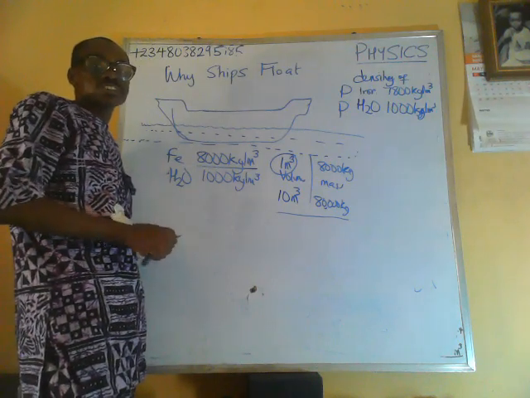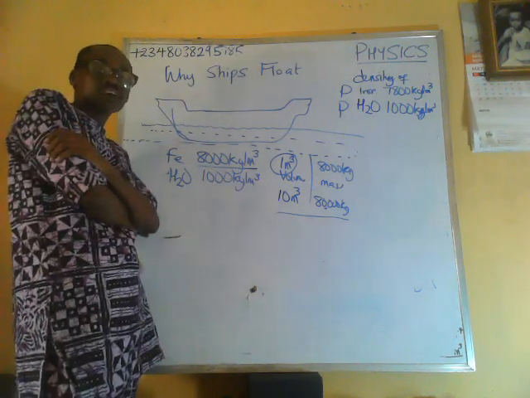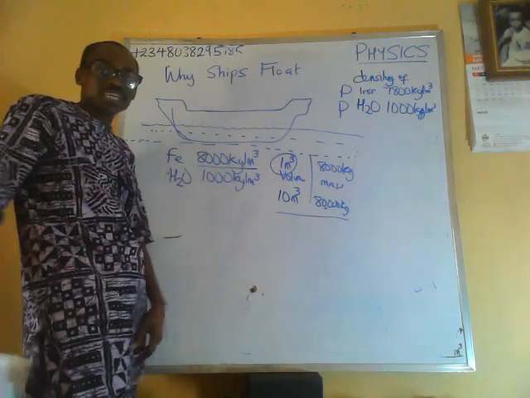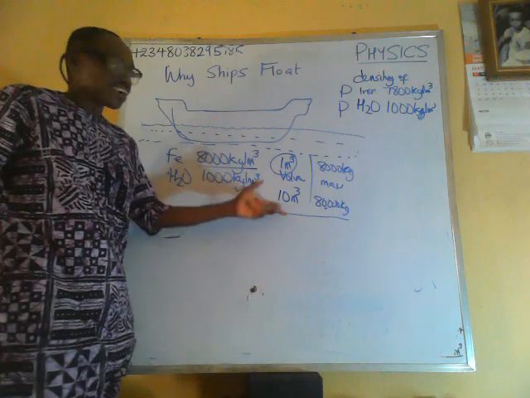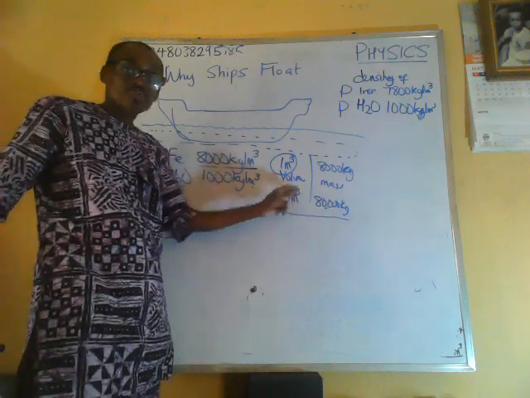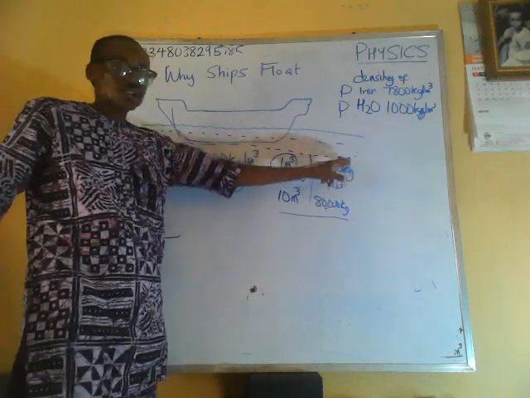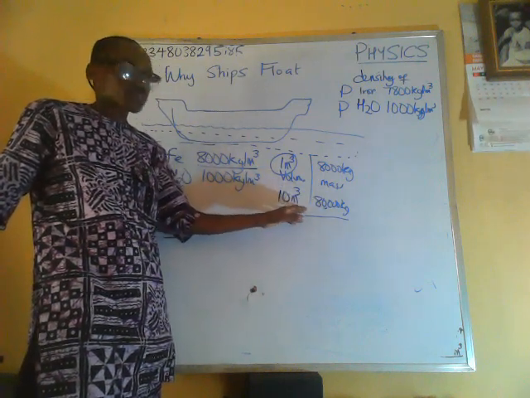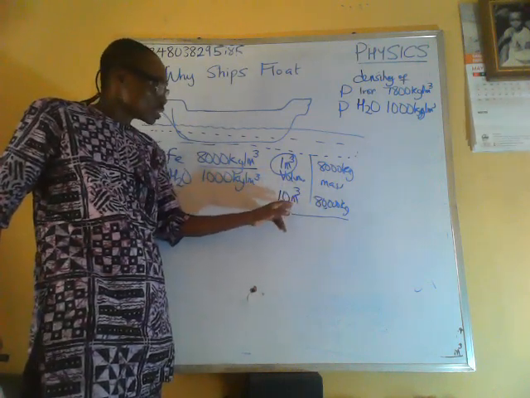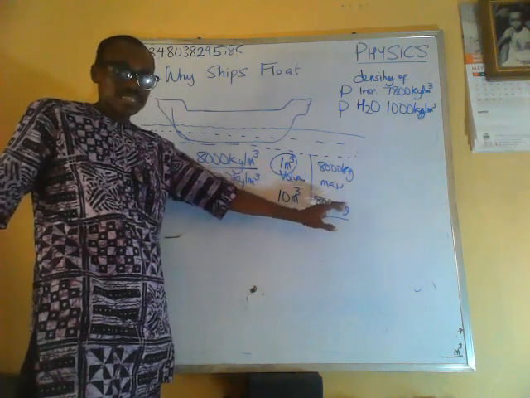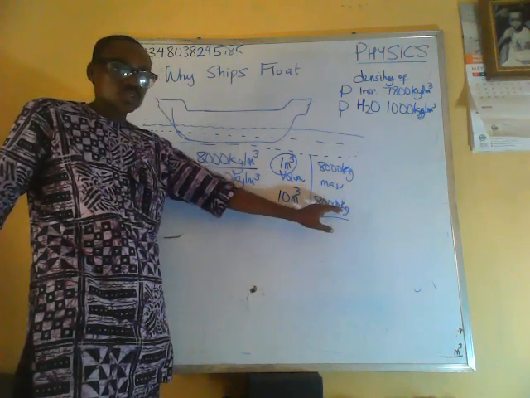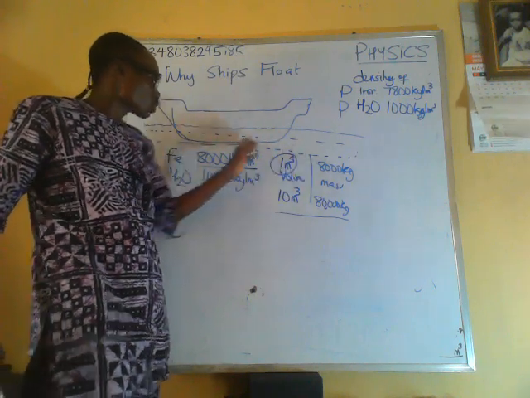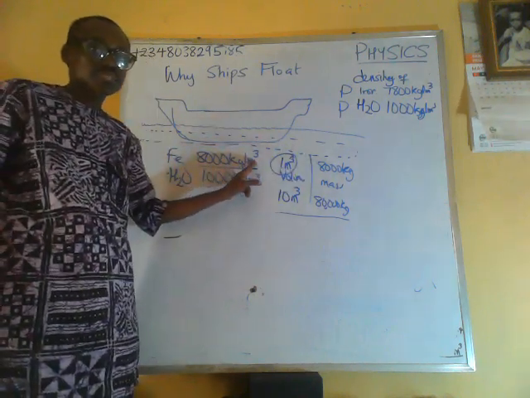Looking at this now, what can we say? That means the density of iron is still 8,000 kilogram per cubic meter. When you take this volume, 10 cubic meters, the mass is still 80,000. If you divide mass by volume, you still get 8,000 kilogram per cubic meter.